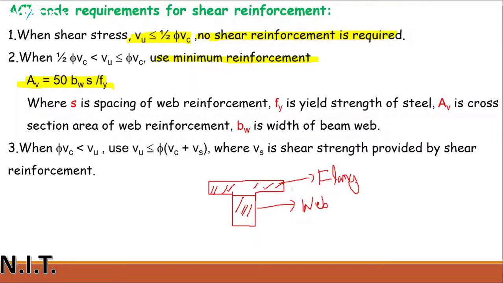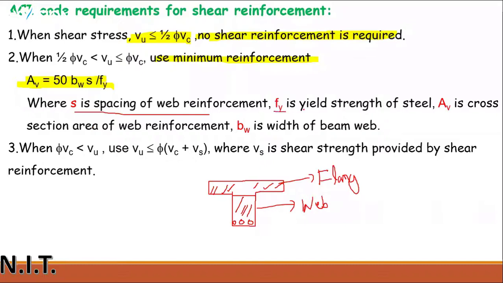Okay, this is flange and this is web. It is mentioned here that S is the spacing of web reinforcement. For example, you have provided web reinforcement in this way. The space between these two bars is S. This is S, the spacing of web reinforcement.